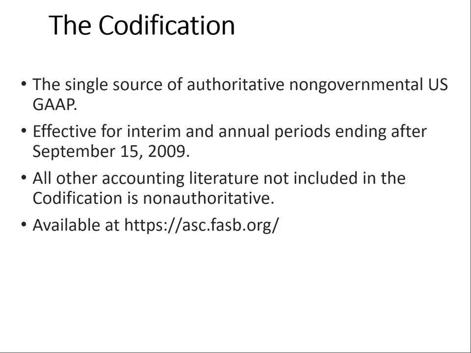All other accounting literature not included in the codification is now non-authoritative. The codification is now free. It's available at the FASB website, so we're going to take a look very soon.